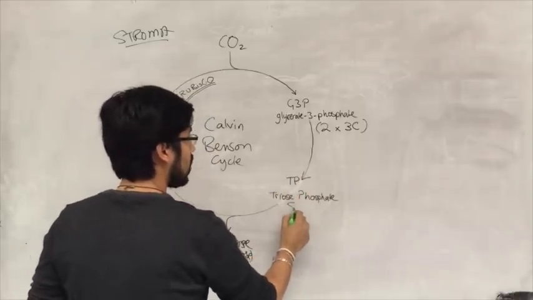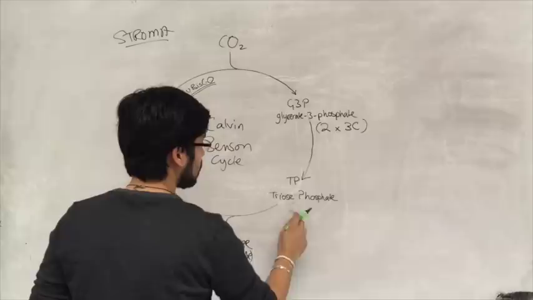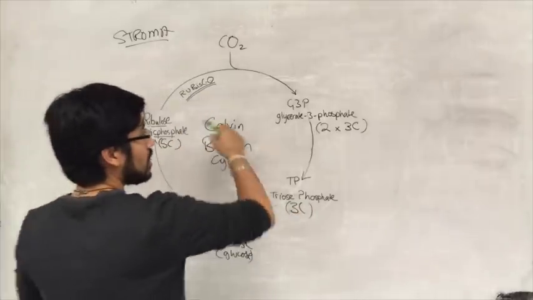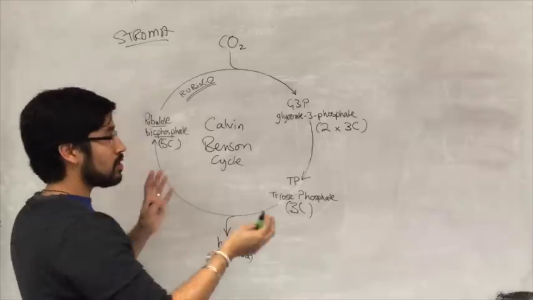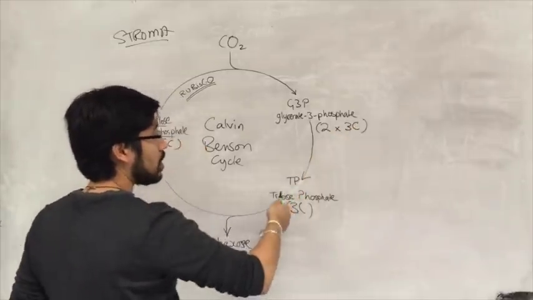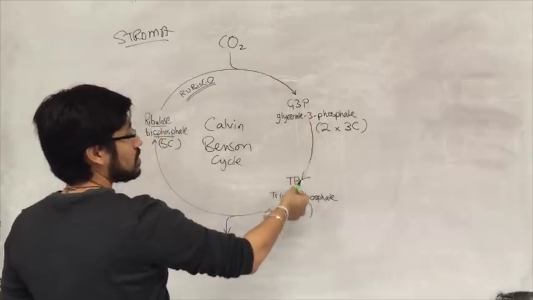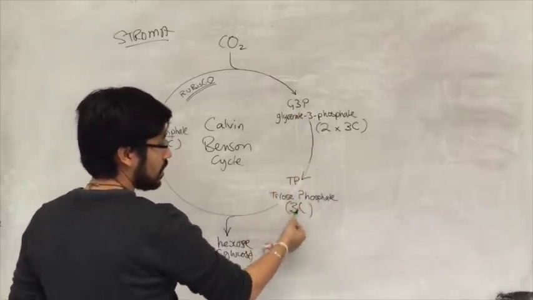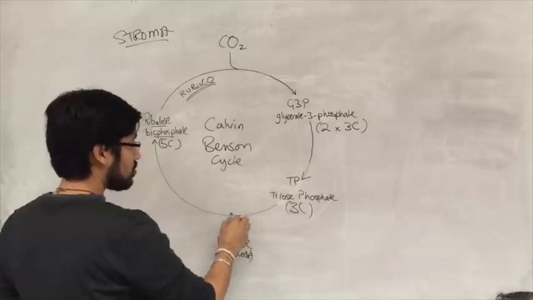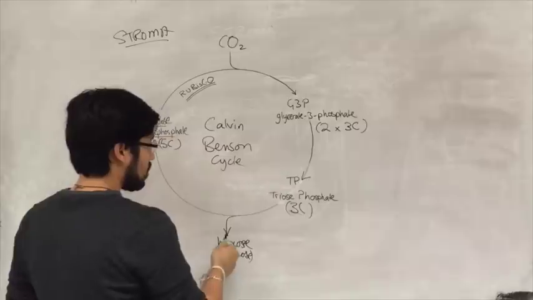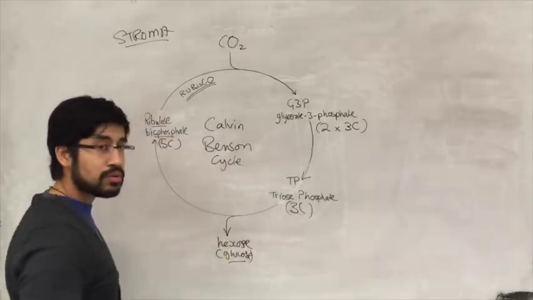This is a 3 carbon sugar essentially. So this is also 3 carbons, but there are other modifications happening that we can't see. We're just looking at the number of carbons, but essentially we convert glycerate 3-phosphate into triose phosphate, and it's this triose phosphate that can be combined to form glucose.